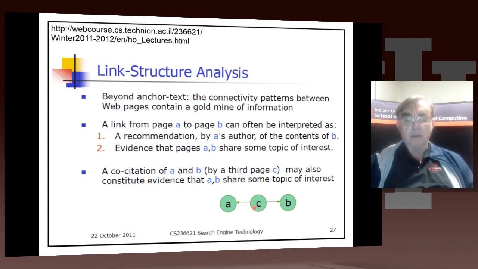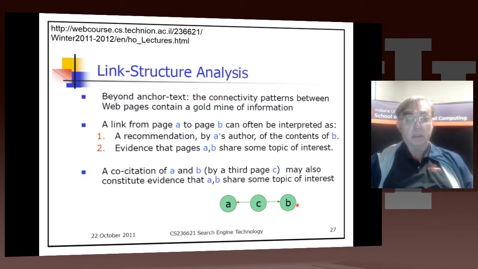And one way you can do that is through, say for anchor text, we're going from page A to page B. So that is in some sense the idea of PageRank: that's a recommendation of A's author that B is a great page. It's also evidence that A and B share some topic of interest. We can also do it in a more complicated fashion by having a single page C. If it points to A and to B, there is some sort of link between A and B.